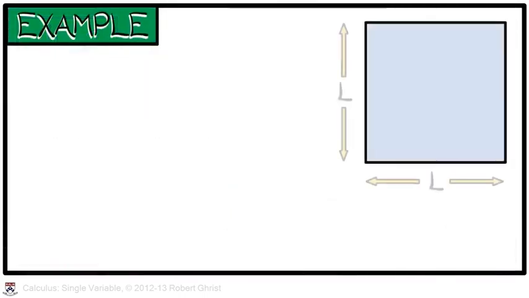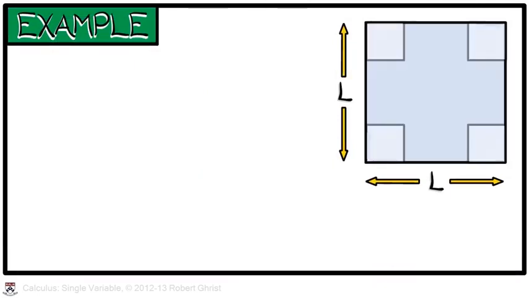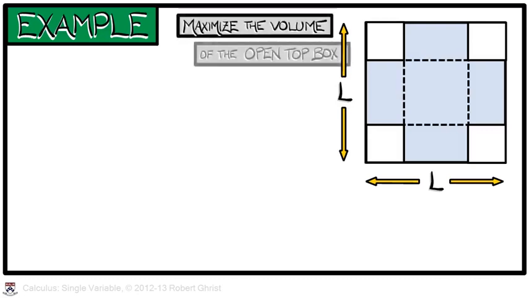Let's do a simple example. Consider a square of side length L, out of which we cut the four corners. We remove 4 squares of equal size and then fold at the internal edges to get an open-topped box.